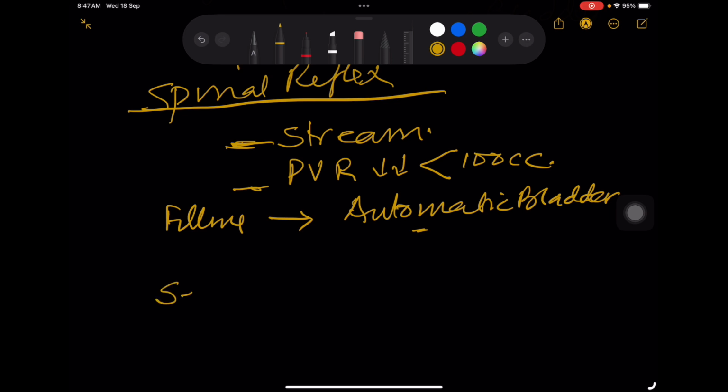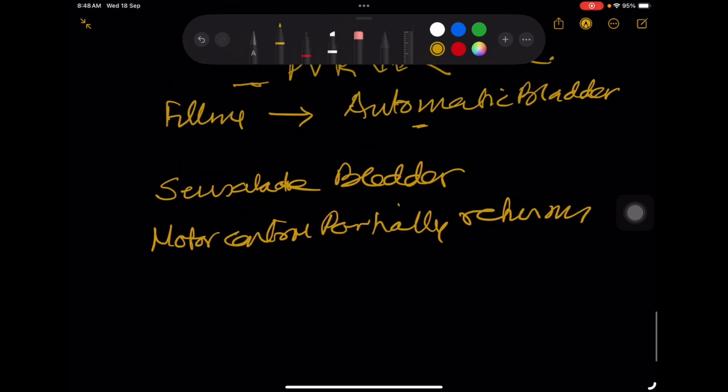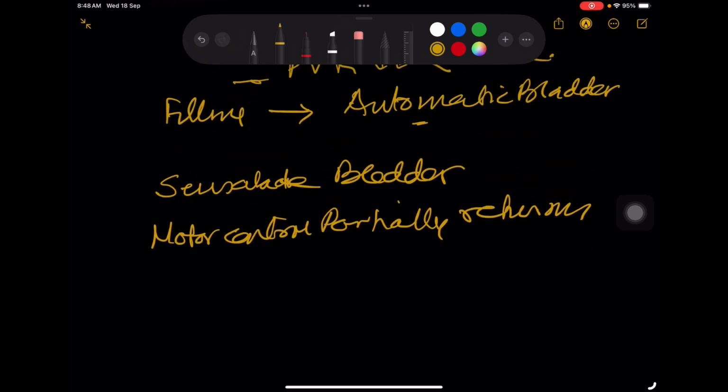But then sensations start going to the brain, so that is called a sensate bladder. And finally, some sort of motor control partially returns, leading to two differences from a normal bladder. The first difference is hesitancy. That means it takes time for the micturition to start.